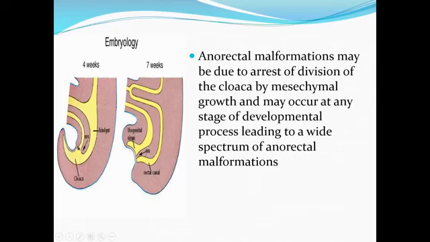If the cloaca is not divided properly into anterior urogenital sinus and posterior anal canal and rectum, these developmental anomalies may lead to anorectal malformation.